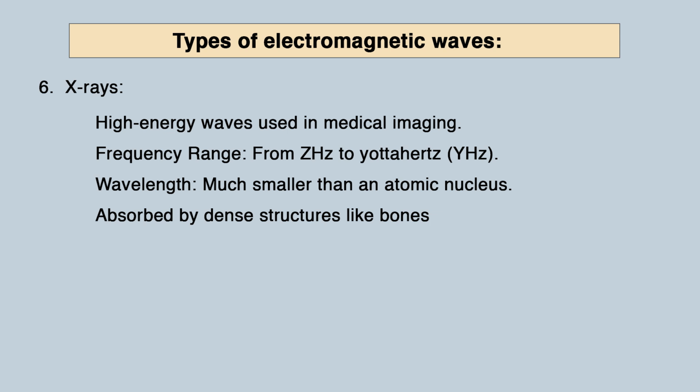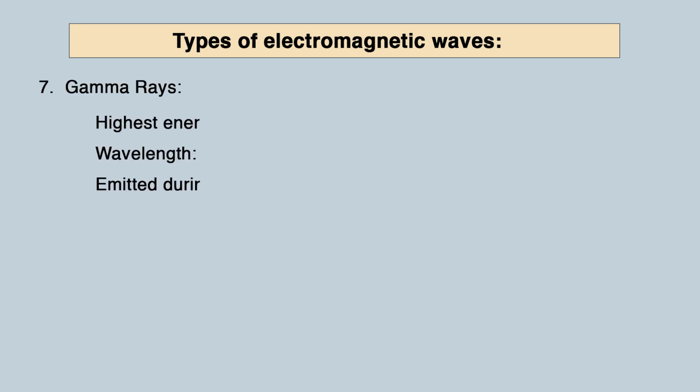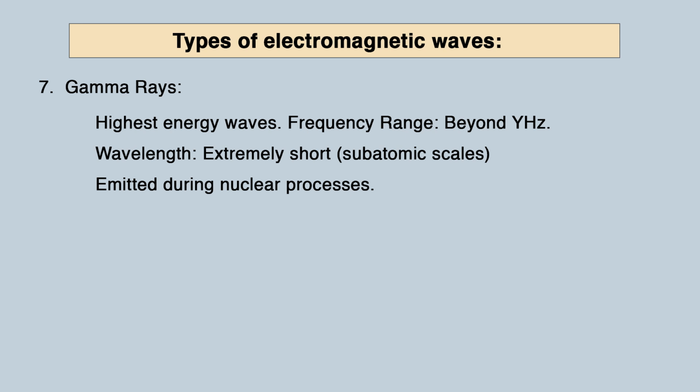The frequency range is zettahertz to yottahertz. Wavelength much smaller than an atomic nucleus. Absorbed by dense structures like bones. Gamma rays are the highest energy waves, with frequency range beyond exahertz and extremely short wavelength belonging to subatomic scales, emitted during nuclear processes.